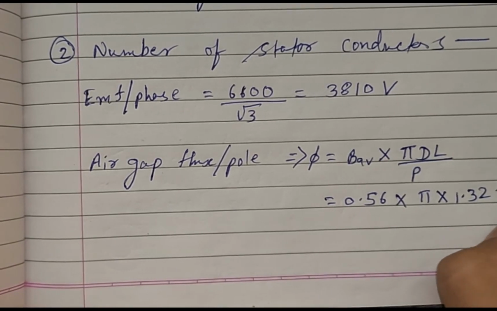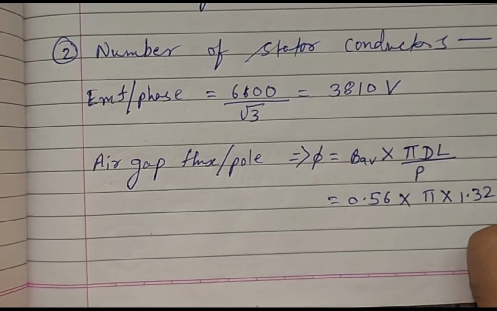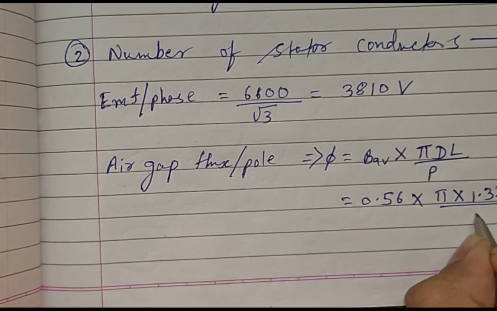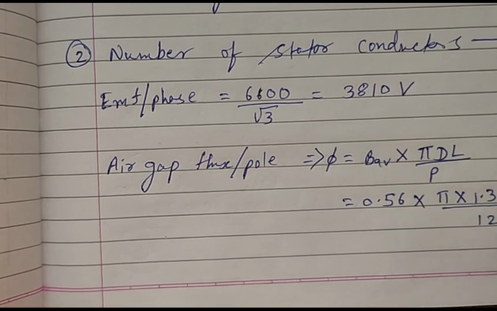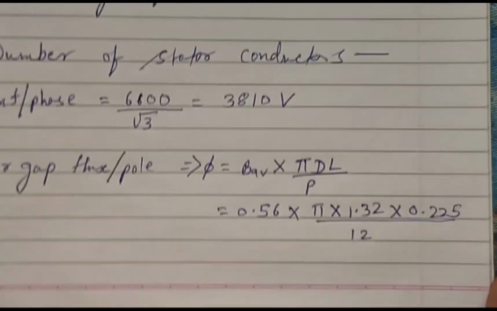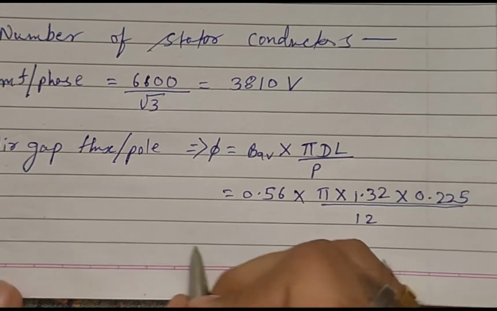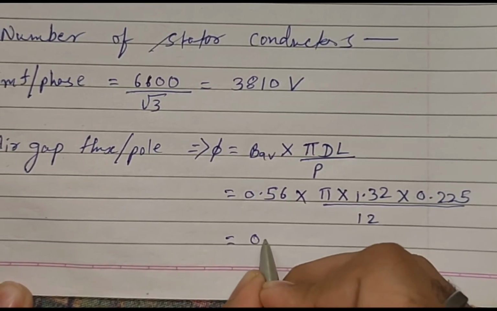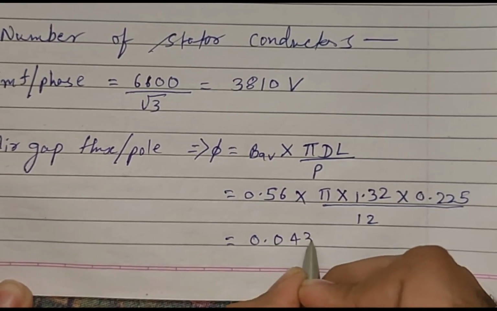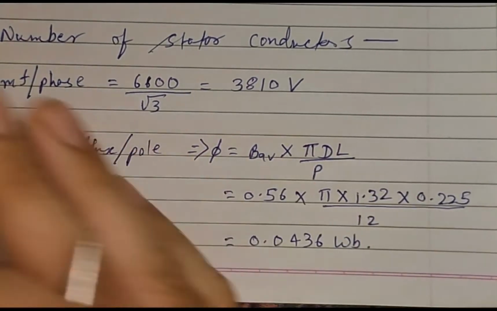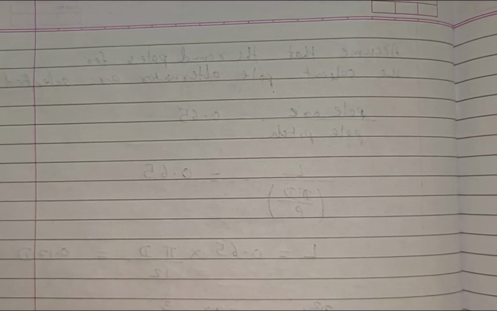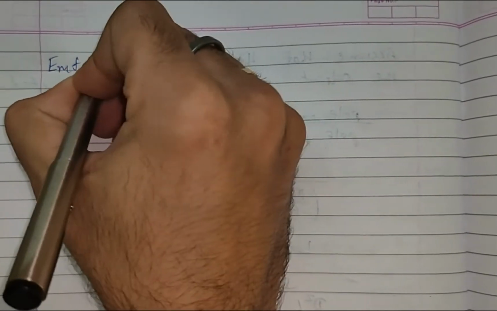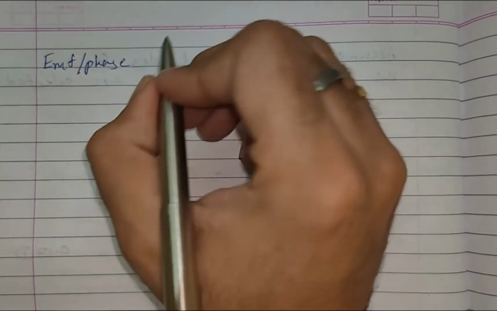The value of L is 0.225 divided by the number of poles, which is 12. On solving this, we get the value of phi as 0.0436 Webers.